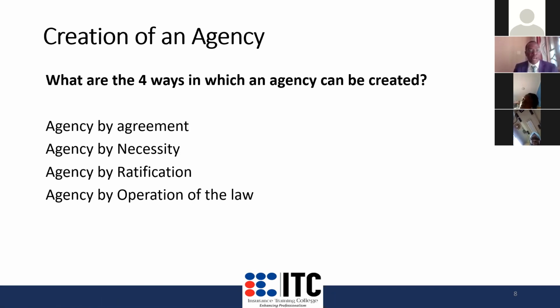We have 4 of them: agents by agreement, agents by necessity, then ratification and operation of the law. You'll find that only 1 or 2 actually relate to insurance, but for purposes of learning, and also for the exam, we'll go through all of them.